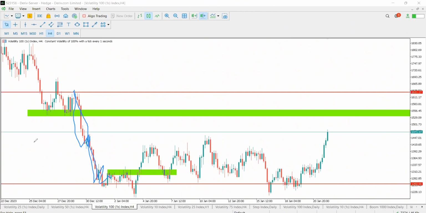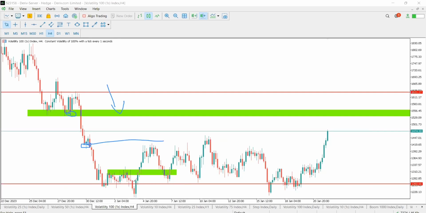So in most cases, when the market does this, it means that this area here is also going to hold price, and also this area. That's why I've marked this green level here. So the market broke above here. This would be best for intraday traders. So when the market broke above, we expected it to push price. Why? Because it is a fresh area. It had not been tested. You see?